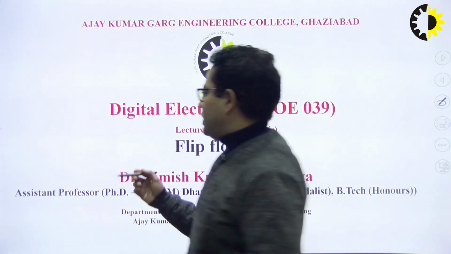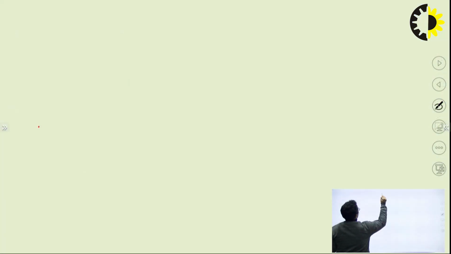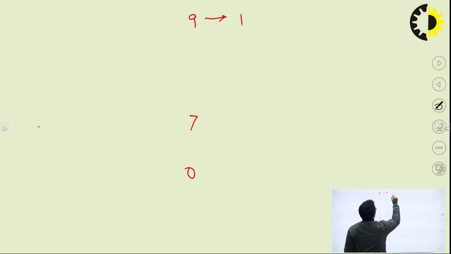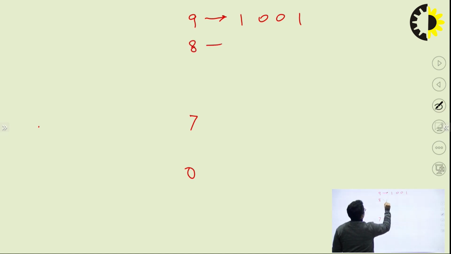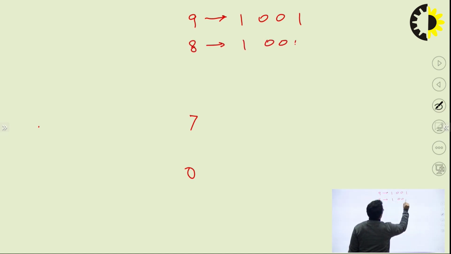Suppose we are counting numbers like 9 to 8 or 9 to 7. This number will move one by one until it reaches 0. As an example, what will happen to 9? It will be 1001 in binary, and 8 will be 1000.